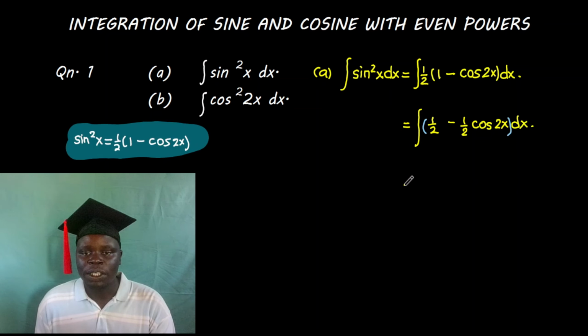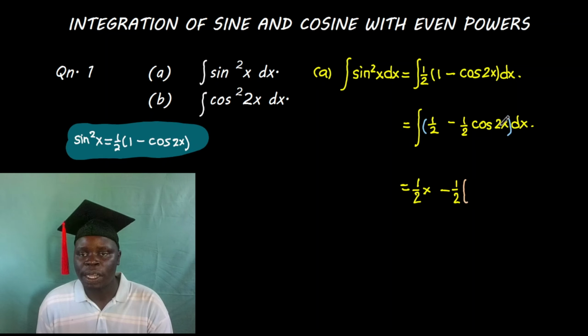At this stage, we can go ahead and integrate each of these terms with respect to x. The first one, since it is a constant, we simply attach our x to it, and we have 1/2 x minus 1/2.